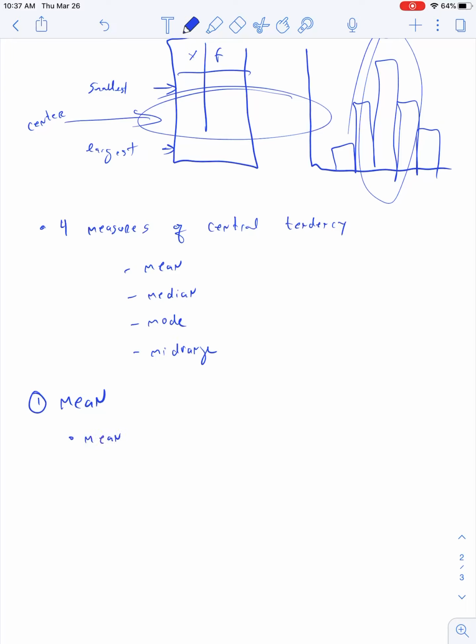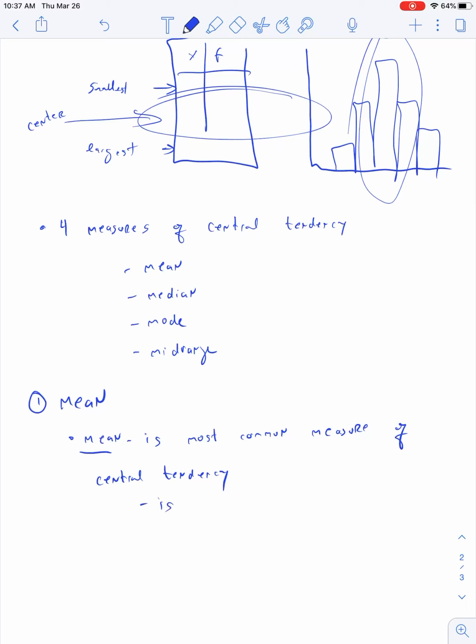This mean is the most common measure of central tendency.